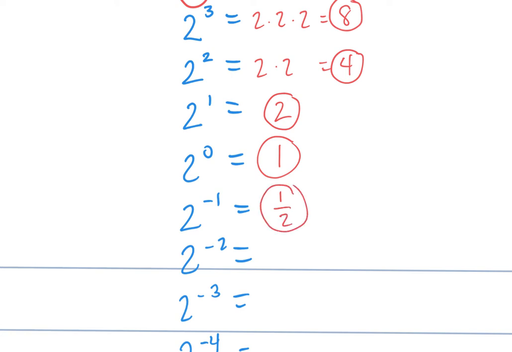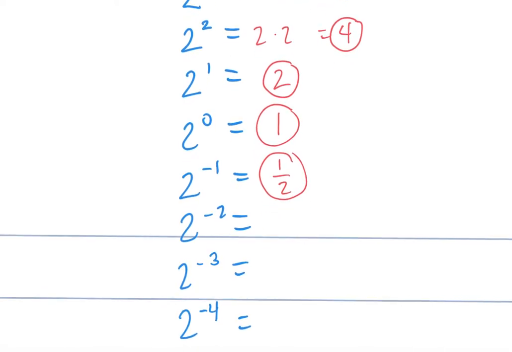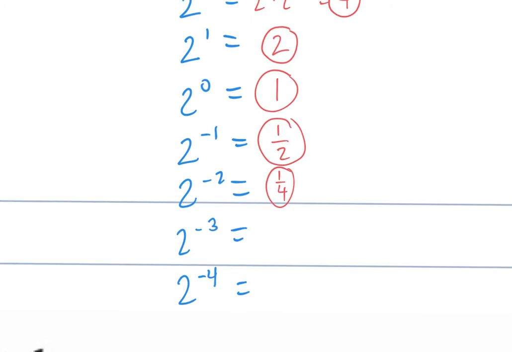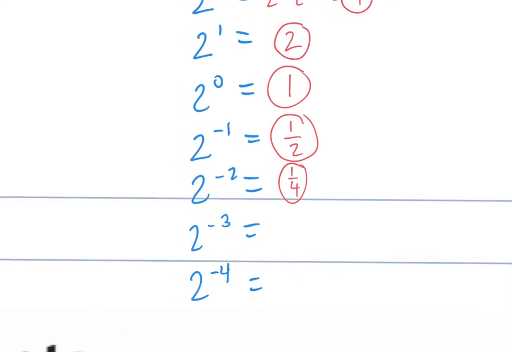What would be 1/2 divided by 2? 1/4. And if we kept going, what would be 1/4 divided by 2? 1/8. What would be 1/8 divided by 2? 1 over 16.